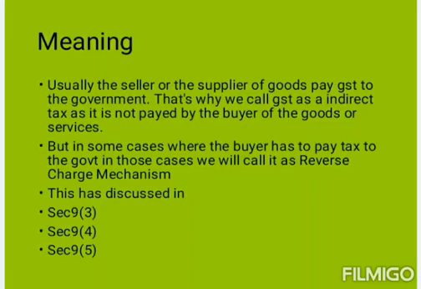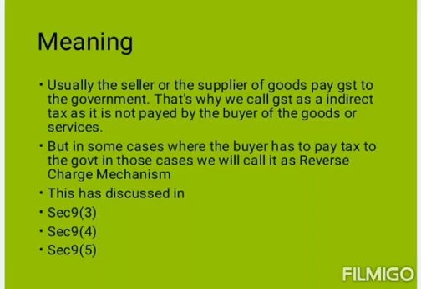So this is the basic thing we know regarding indirect taxes, but one thing we should know is the reverse charge mechanism. That means in some cases the buyer has to pay tax, the buyer has to take the responsibility, or the buyer has to take the liability of paying tax directly to the government. In certain conditions where it is applicable, the buyer is liable to pay the GST. Those are discussed under section 9, subsection 3, subsection 4 and subsection 5.